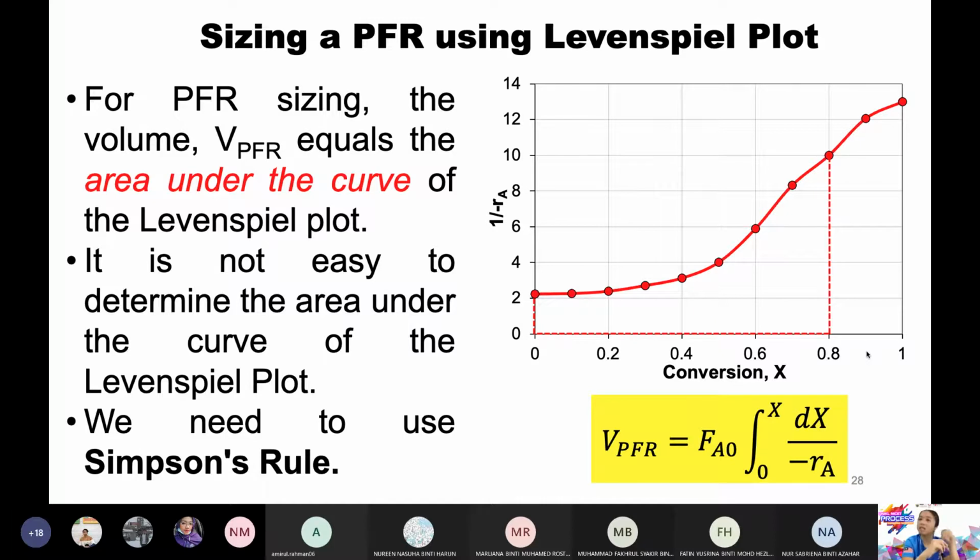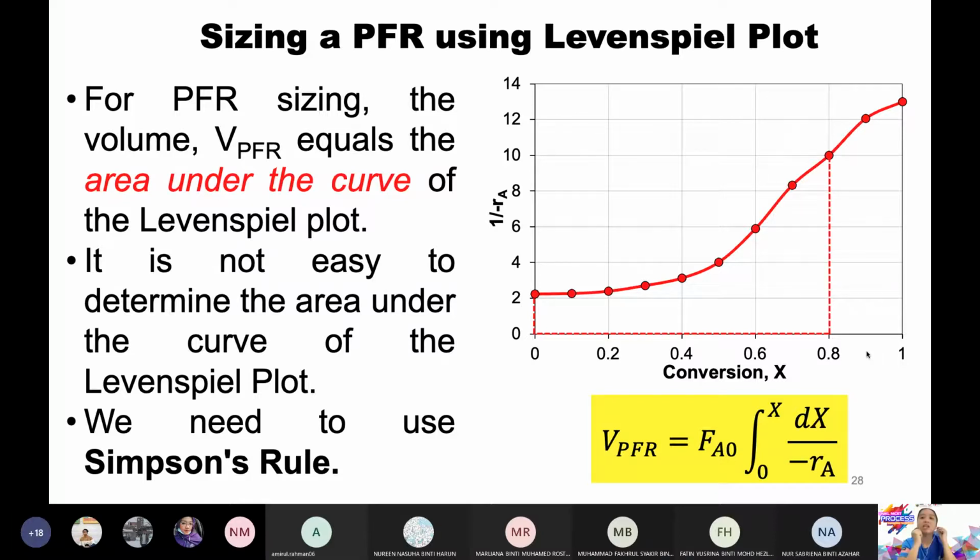That data, X versus minus RA or the Levenspiel plot, is specific to the reaction, not reactor. Maksudnya kalau kamu menjalankan satu tindak balas, let's say the reaction is called saponification, so as long as you are running the same saponification reaction, data X dengan minus RA itu adalah sama, Levenspiel plot pun sama. Just that kamu akan guna data tu untuk mencari volume yang berlainan. Volume reactor akan berlainan, okay, tapi data information yang digunakan adalah sama.